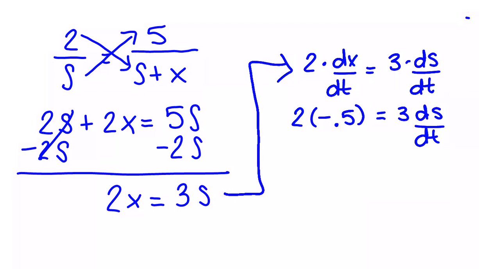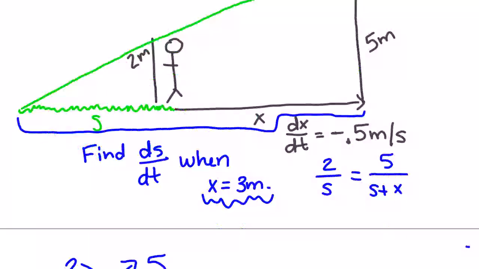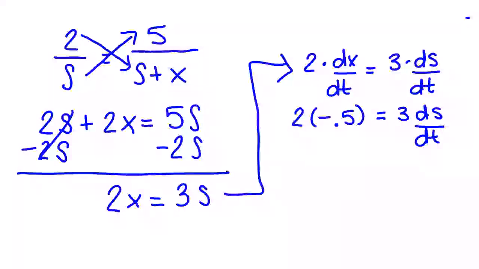Now they asked us to find ds dt when x equals 3, but you can see from our equation that we don't even need that information. We can just go ahead and solve for ds over dt as it sits. So negative 1 divided by 3 is ds over dt. We are going to need some units for that.